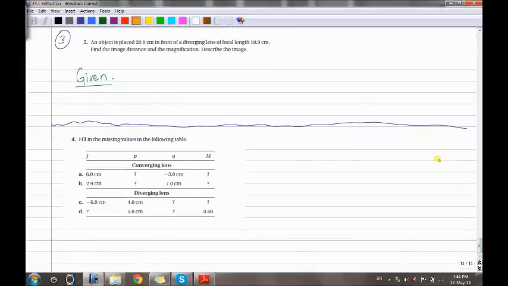So now number 3. Let's read. An object is placed 20 centimeters in front of a diverging lens of focal length 10 centimeters. Find the image distance and the magnification, and then describe the image.